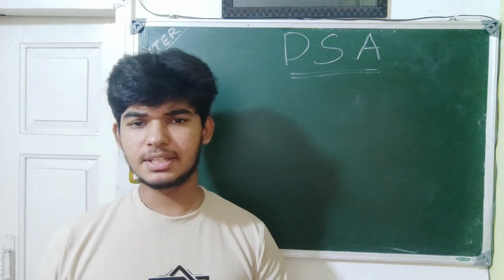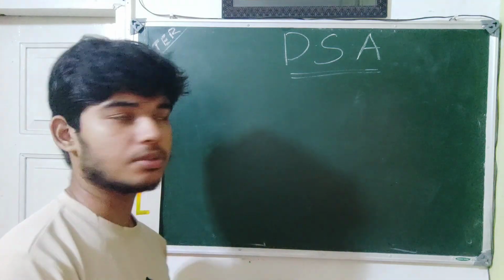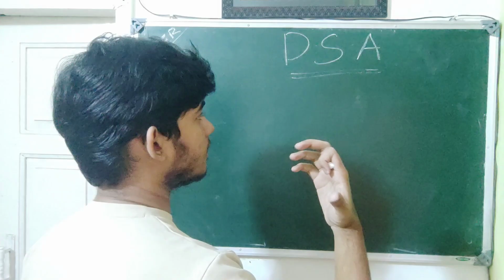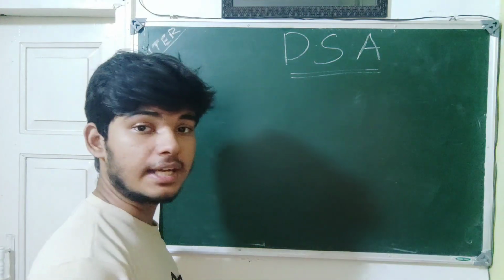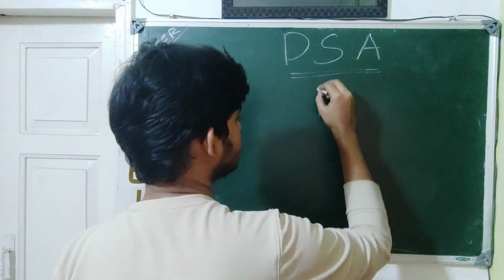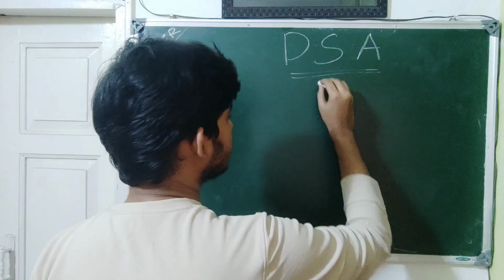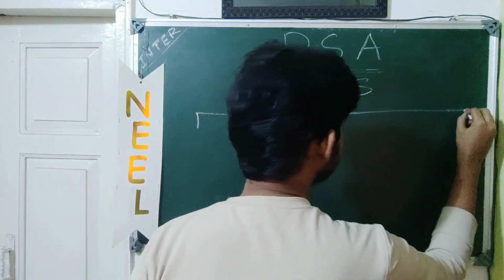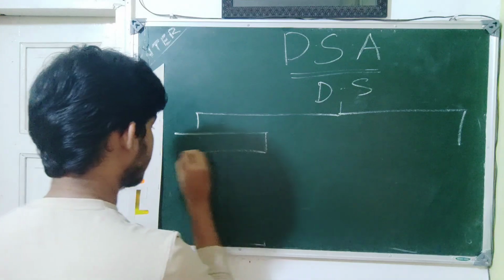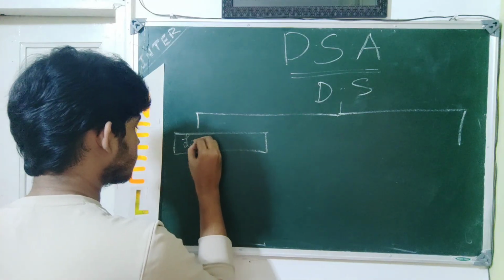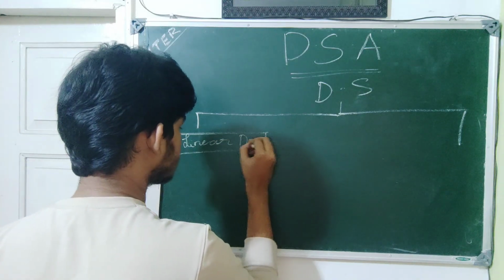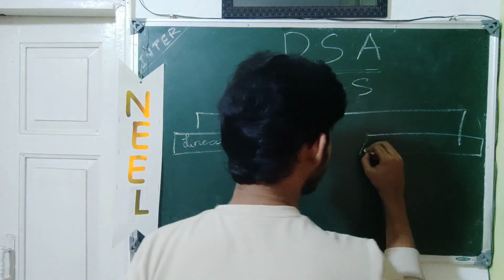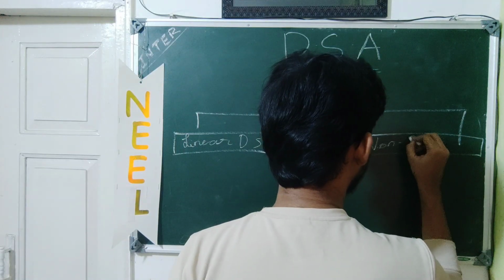So like I mentioned in my previous video, I drew a table last time to show how data structures are linked to algorithms, and I also talked about how data structures are divided. So let me just draw the table again, and depending on the table, I'll explain how each type of data structure works. So we have two main types of data structures: linear and non-linear.